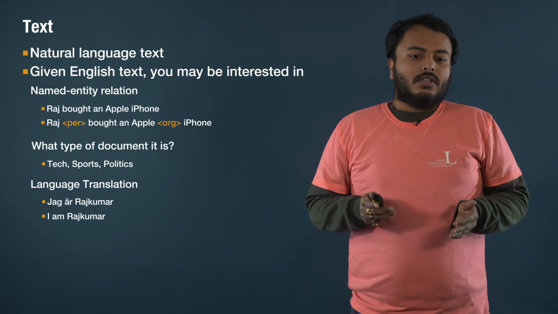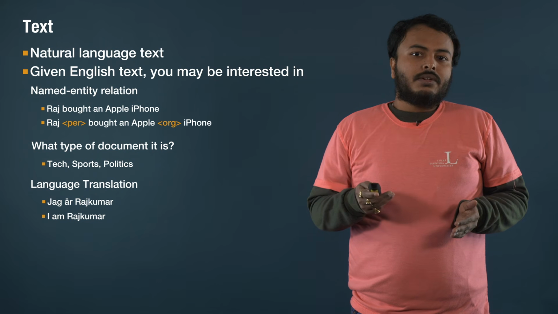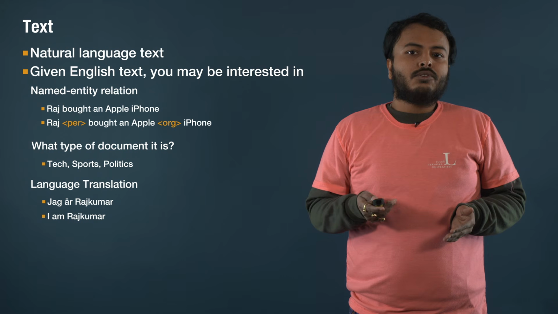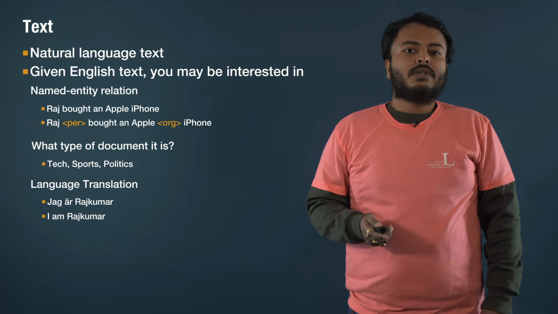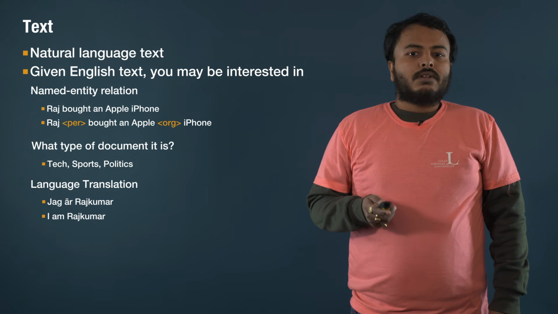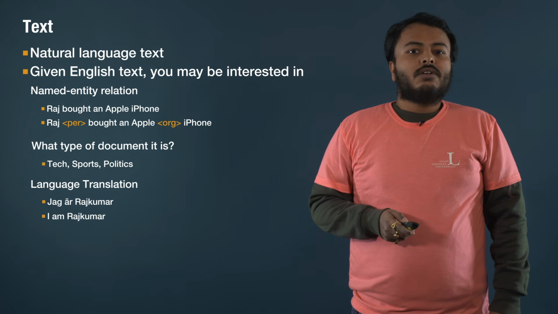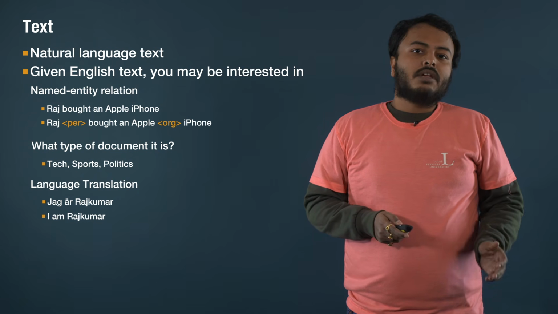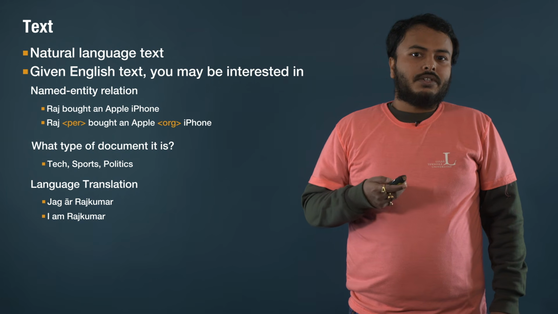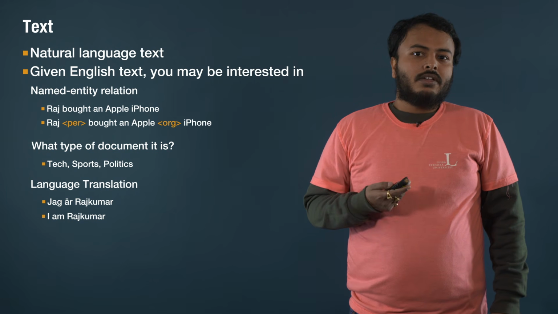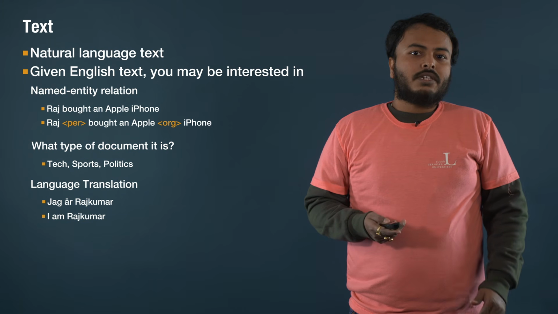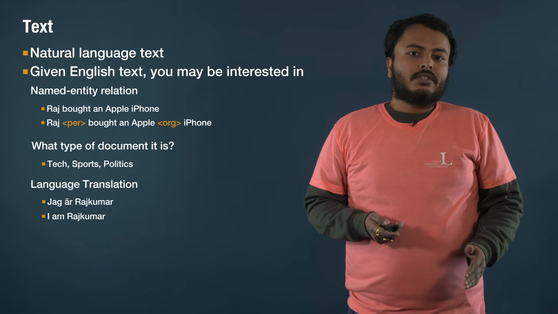Or if I give you the text, you may be interested in what type of text it is. It could be a political document, it could be a sports document, or it could be anything else. And there are some other applications as well. For example, I want to translate one language into another. If I say in Swedish, Jag är Rajkumar, so it should be translated in I am Rajkumar. So these are some basic applications that we do with text data.